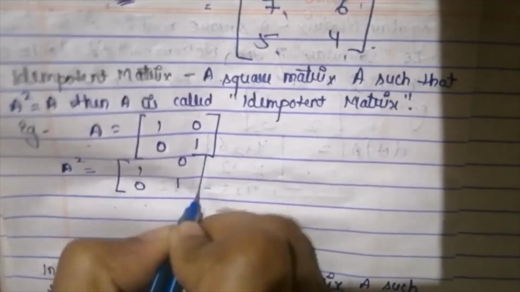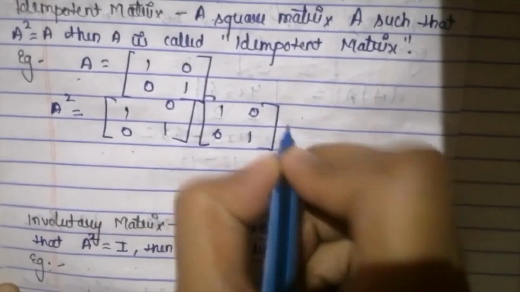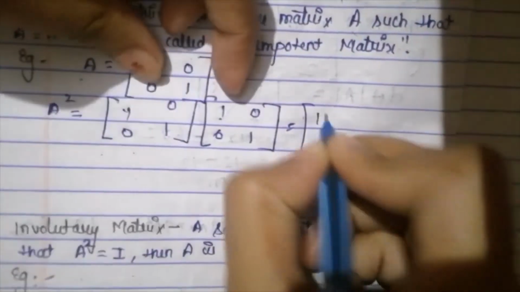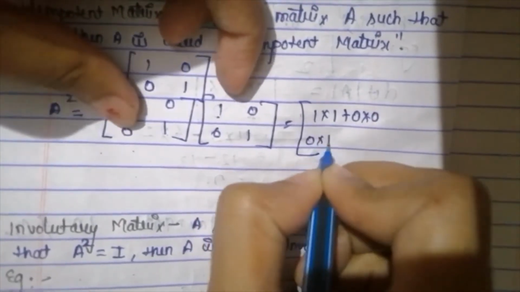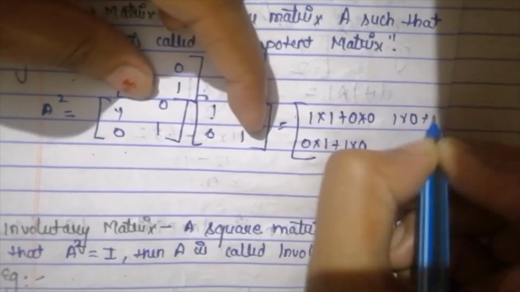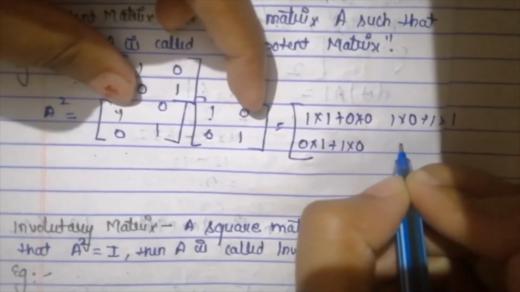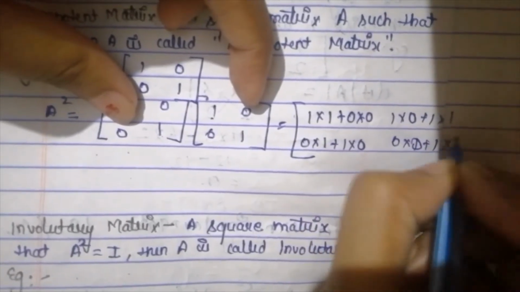1 0 0 1 is multiplied with 1 0 0 1. So 1 into 1 plus 0 into 0, 0 into 1 plus 1 into 0, 1 into 0 plus 1 into 1, and 0 into 0 plus 1 into 1.